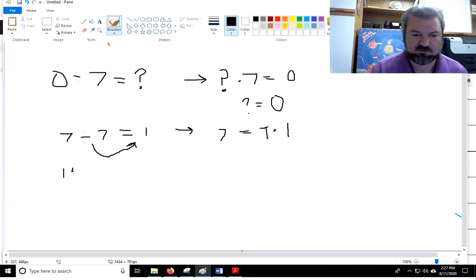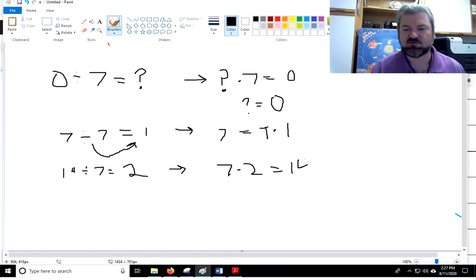Just one more to nail this down. 14 divided by 7. Well, what is division? Well, 14 divided by 7 is 2, right? Well, why is that? Well, that's because 7 times 2 is 14. So you see how that works? That's how division is defined. That's why we have keep, change, flip. It's defined to be the reciprocal of the multiplication.